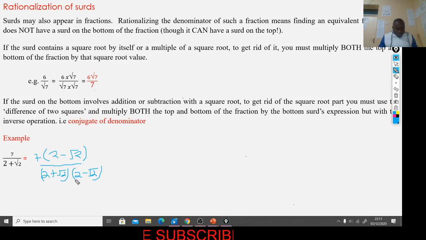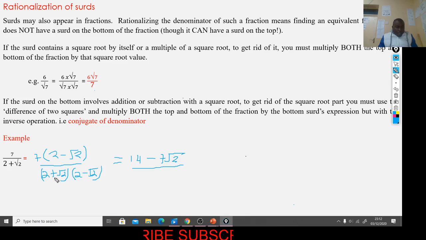So if we multiply this, 7 times 2 gives 14, so this gives you 14 minus 7 root 2, all over. Remember, this is the difference of two squares.